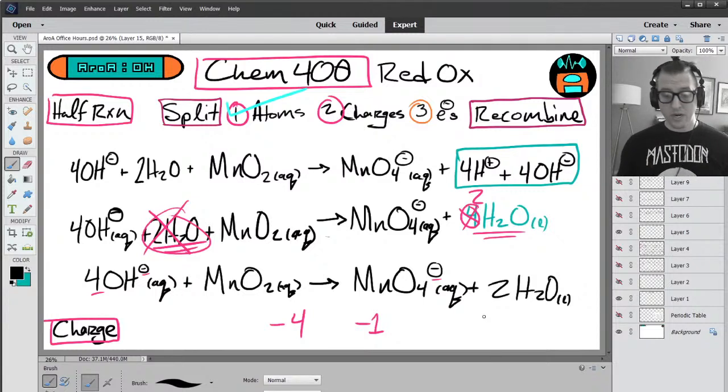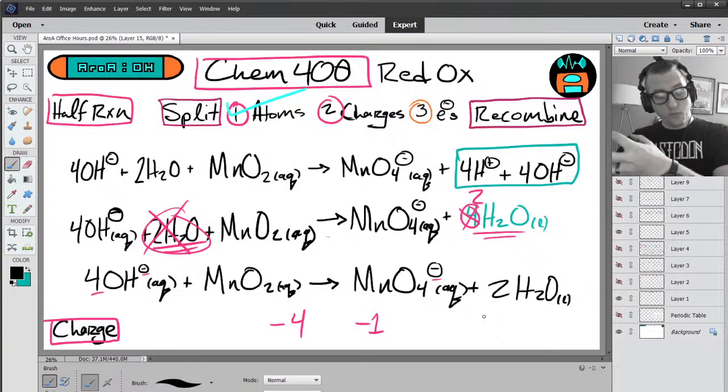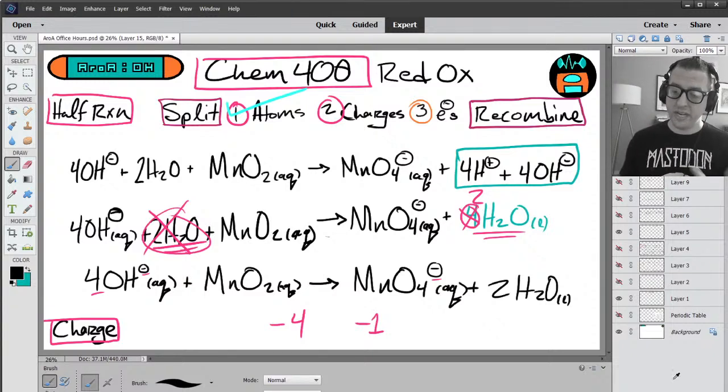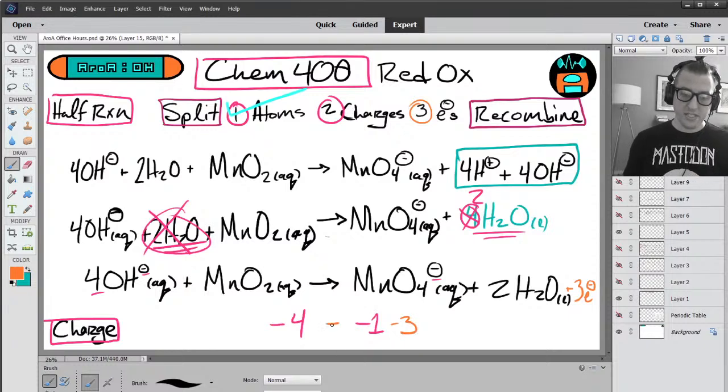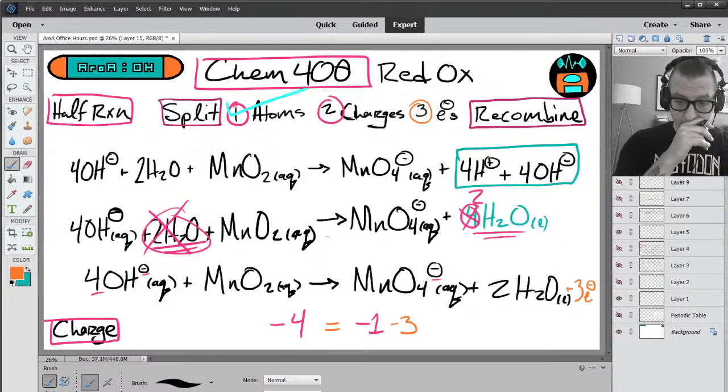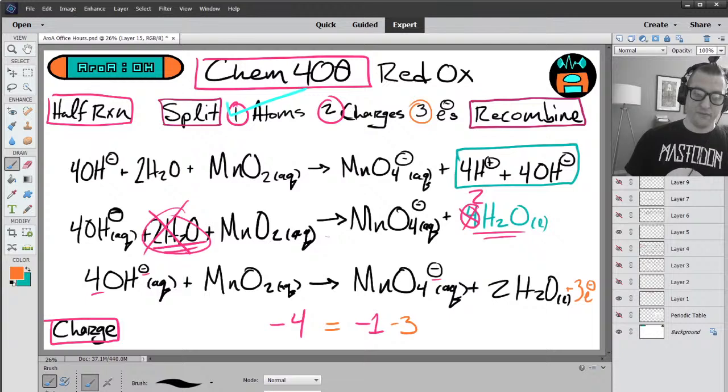We can only make a side more negative, so we need to make our -1 equal to -4. We can do that by adding 3 electrons. They'll add an additional 3 negative charges, and now our charges are balanced for the manganese half reaction. So we have our manganese half reaction locked and loaded, ready to go.